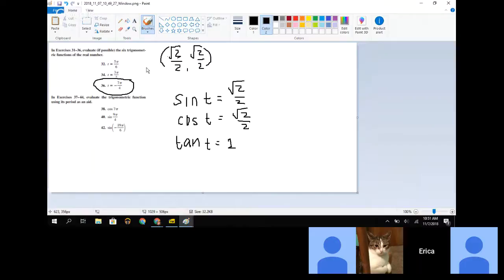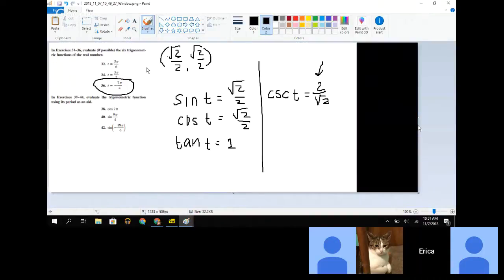Now, what about the cosecant, which is the reciprocal of the sine? The cosecant just basically means that we're going to flip the fraction, right? And we get 2 over the square root of 2. Okay, so this, math teachers around the world gasp in dismay, right?